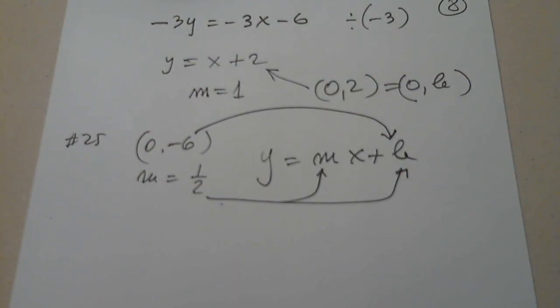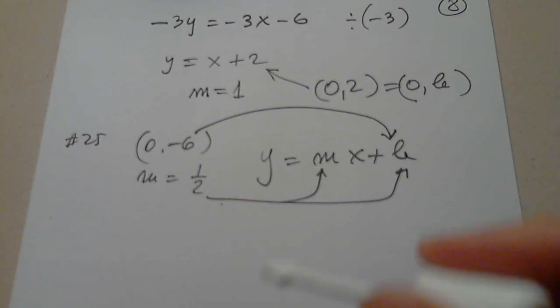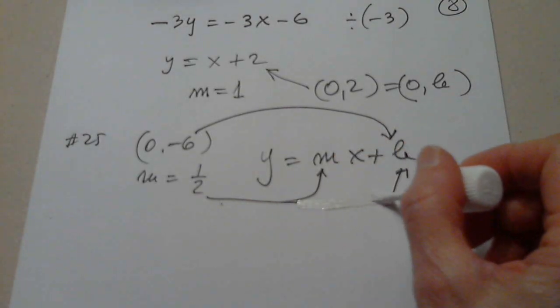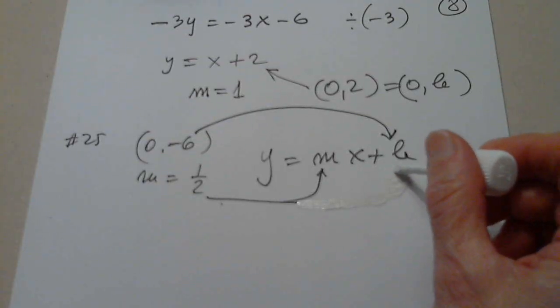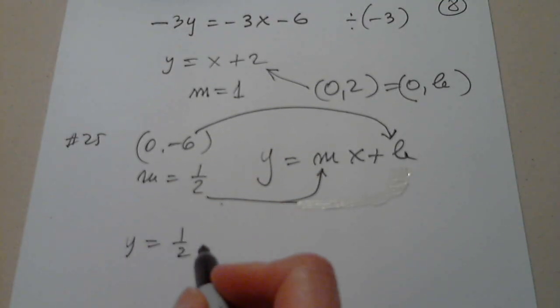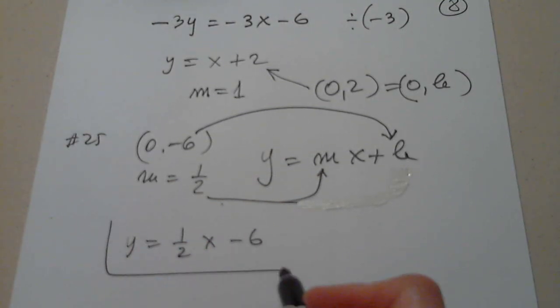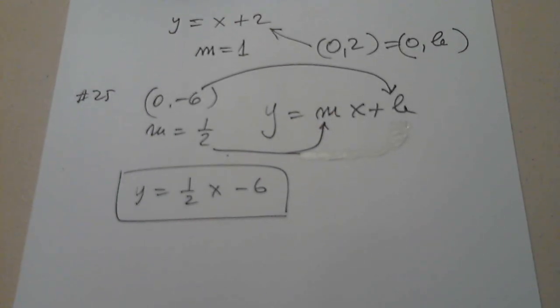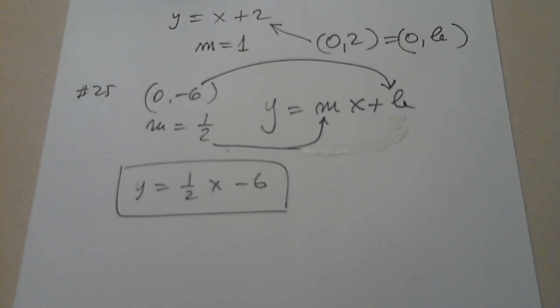So I'm given the slope, which is 1/2. I'm given the y-intercept, which is 0, -6, which means b is -6. So y equals 1/2 x minus 6. Let's choose an example in which we are given 2 points to determine the equation of the line.